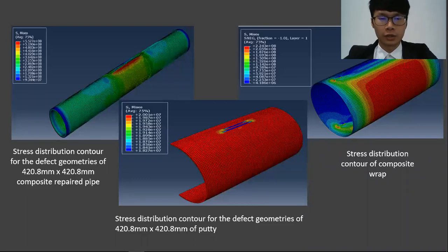The middle picture shows the stress distribution contour for the defect geometry of 420.8 millimeter times 420.8 millimeter of putty. The largest stress is 20.01 megapascal. The right corner picture shows the stress distribution contour of the composite repair, composite wrap, with the largest stress of 224.3 megapascal.